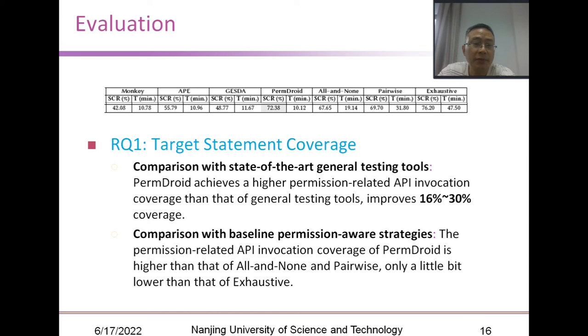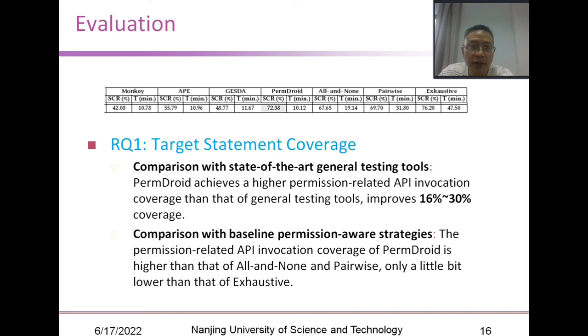Let me first report on the experimental results of RQ1, targeted statement coverage. Compared with the state-of-the-art general testing tools, PermDroid achieves a higher permission-related API invocation coverage, and it improves API invocation coverage by 16% to 30%.